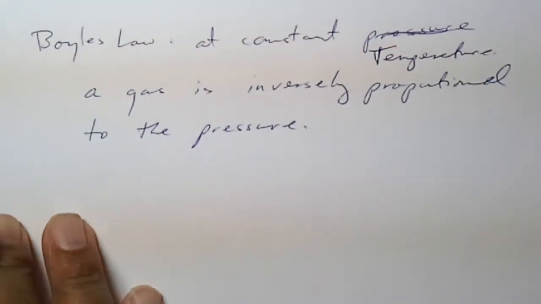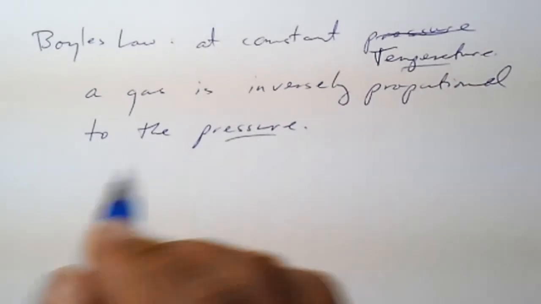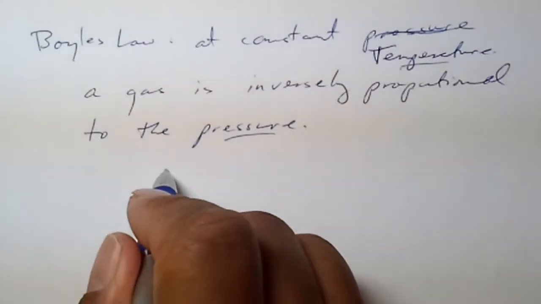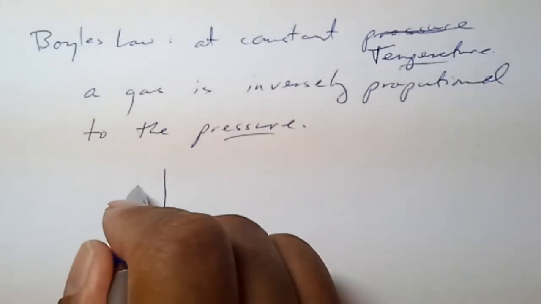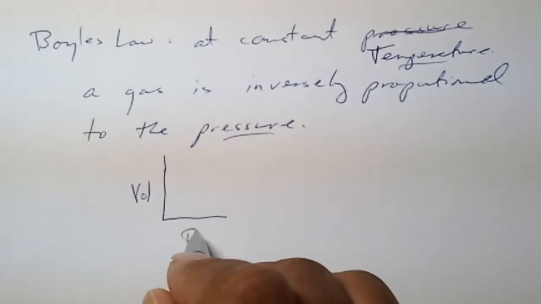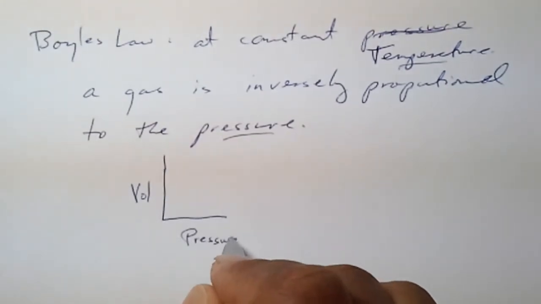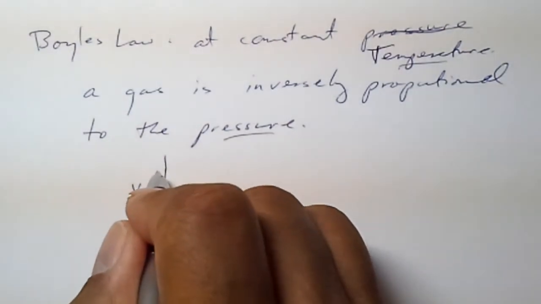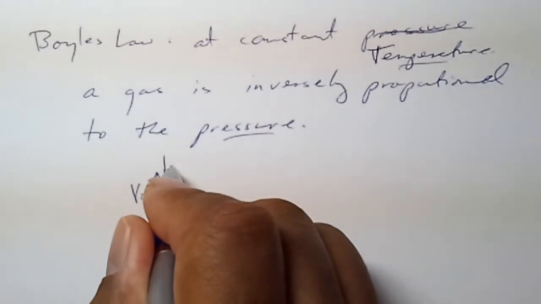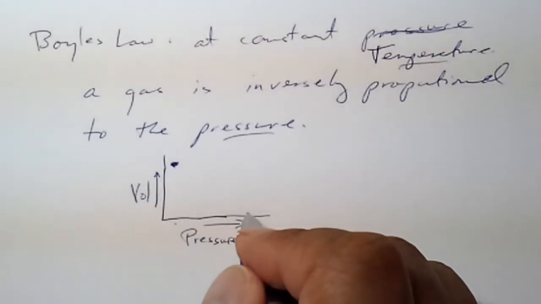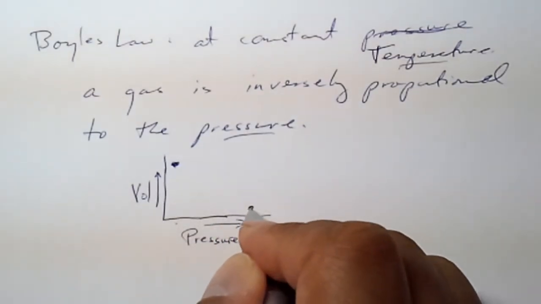That concept is not very difficult, but you can easily invert them. We can illustrate that graphically. If volume is on the y-axis and pressure is on the x-axis, the higher the volume, the lower the pressure, and the lower the volume, the higher the pressure.